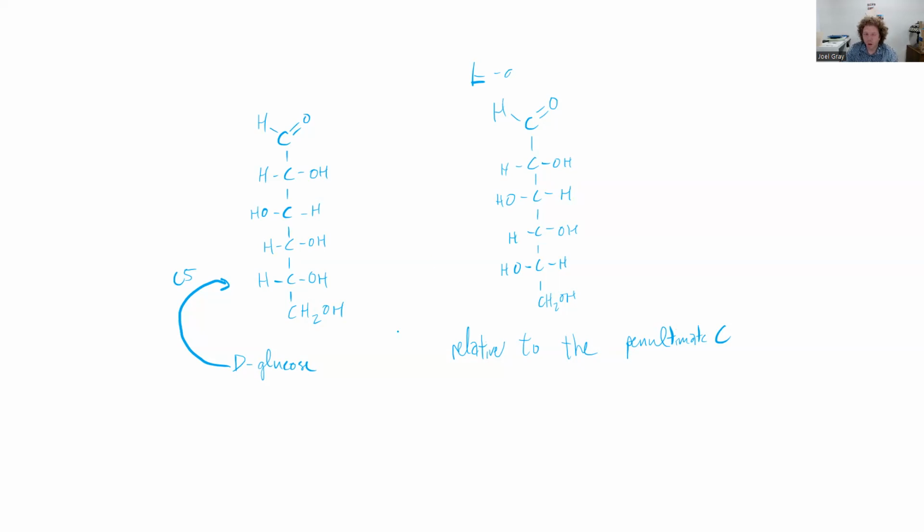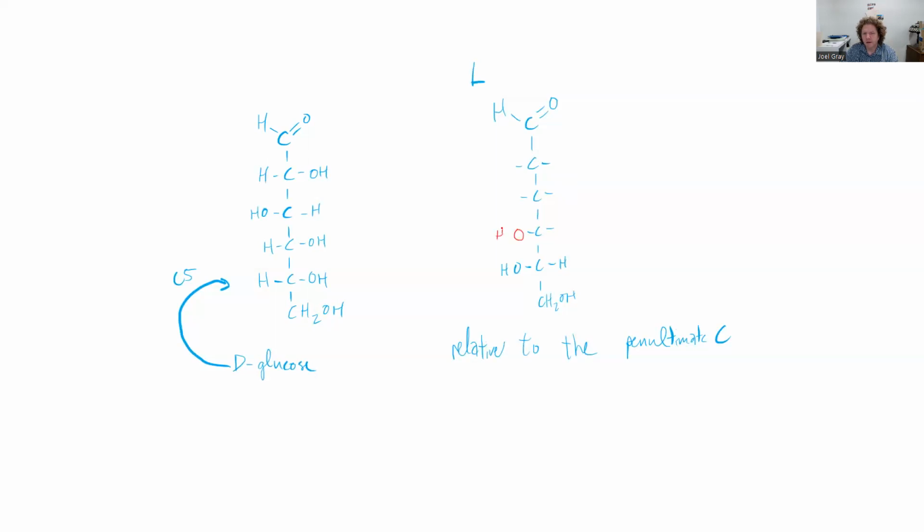Now, if I wanted to draw L-glucose, what I would have to do, or what I need to do, is put these hydroxide groups on the same side as my hydroxide group on my penultimate carbon. So what that means is I'm going to erase all these hydroxide groups and hydrogens that I've just drawn and redraw them.